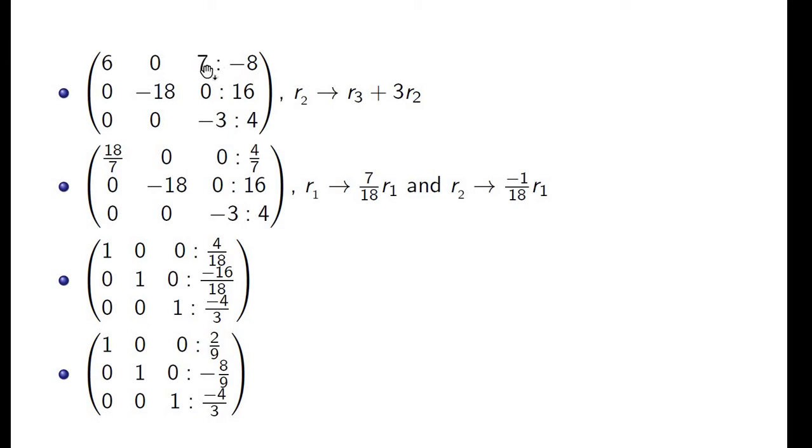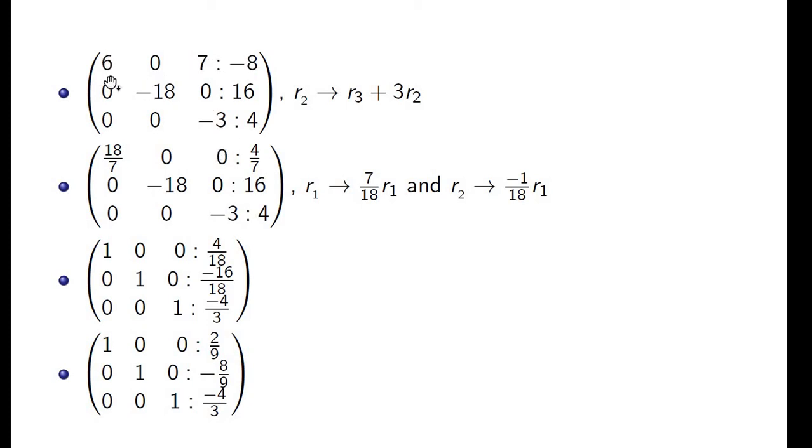In order to do that, we need to multiply row 1 by 3 over 7 and add row 3.